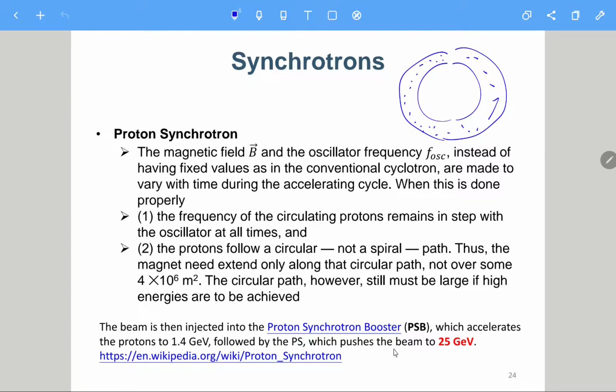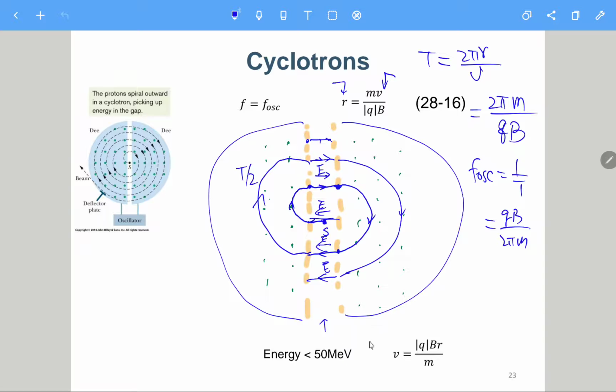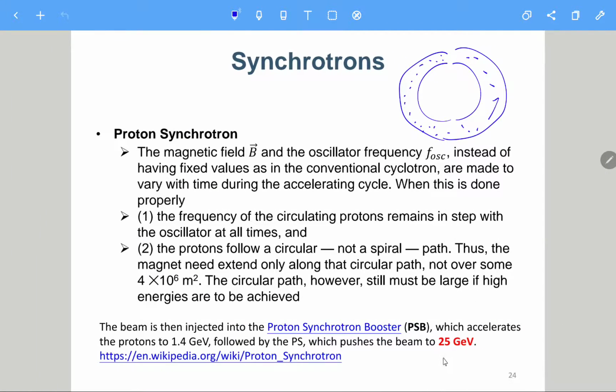So we push the beam up to 25 giga eV. Before, this was up to 50 mega eV, so 25 giga eV is 500 times larger.